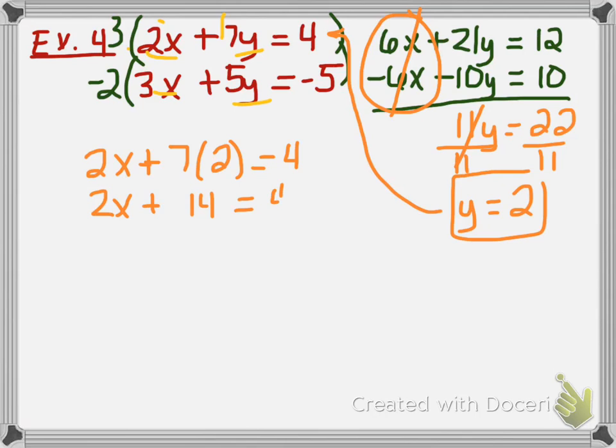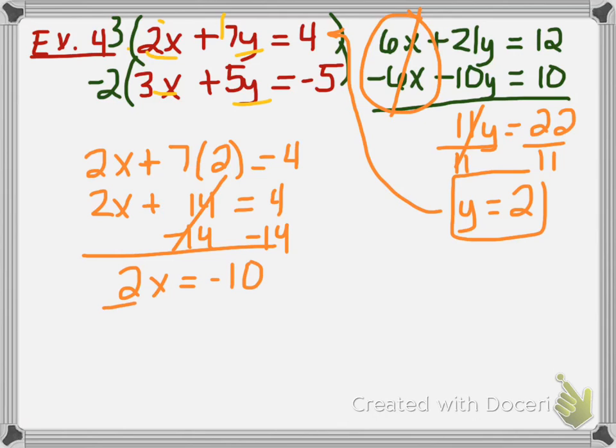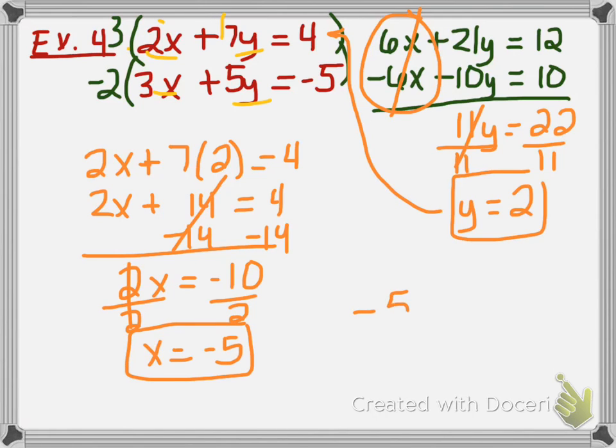I'm trying to solve for x, so the first thing I have to do is get rid of that 14 by subtracting it. 4 minus 14 is negative 10. So we divide both sides by 2, and negative 10 divided by 2 is a negative 5. So my answer would be negative 5 and positive 2.